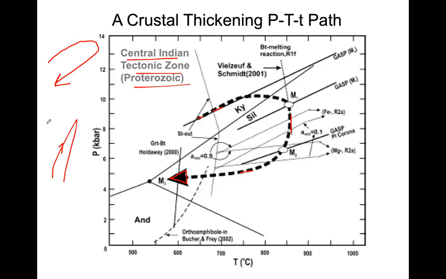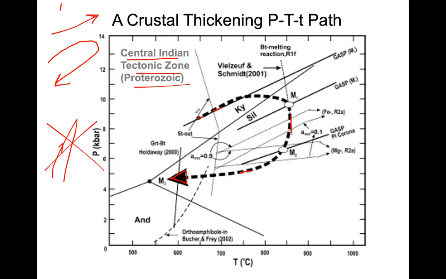So here it's not a subduction zone. This must be a collision zone, so it's more temperature sensitive. So you always look at the gradient, whether delta P is bigger or delta T is bigger.